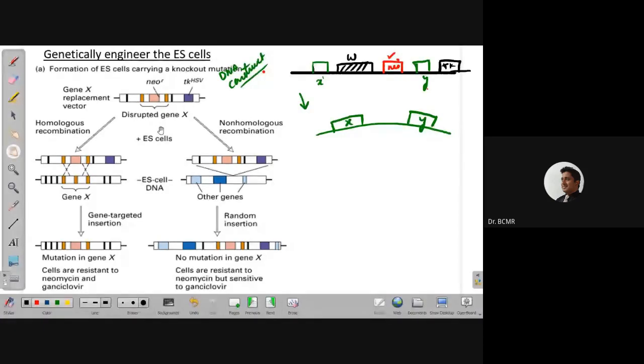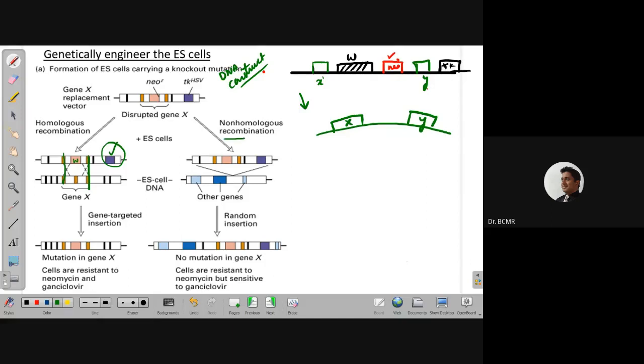So integration can happen in two ways. Homologous recombination, it may also happen by non-homologous recombination. If it is by homologous recombination, gene W, for example, will get integrated here. You have to remember that integration happens between these two and these two. What is happening to thymidine kinase? It is not getting integrated. Only W is getting integrated.